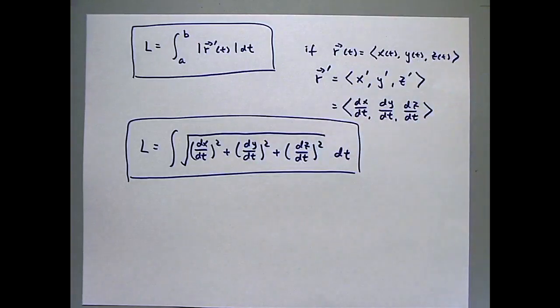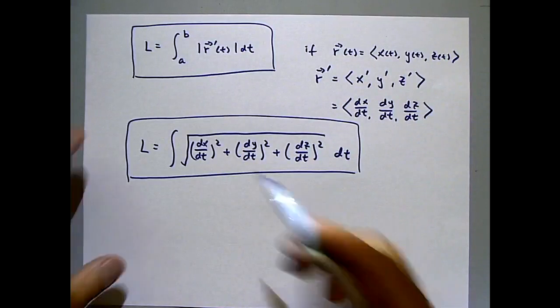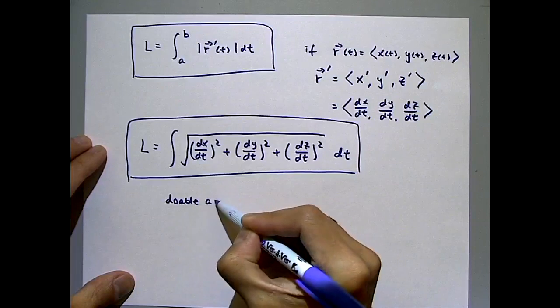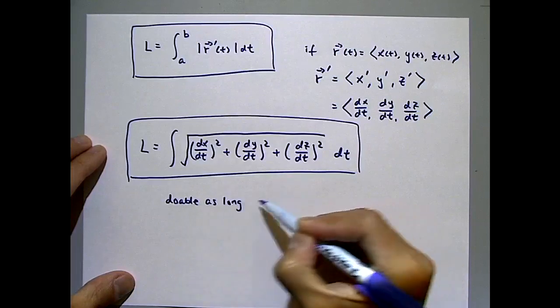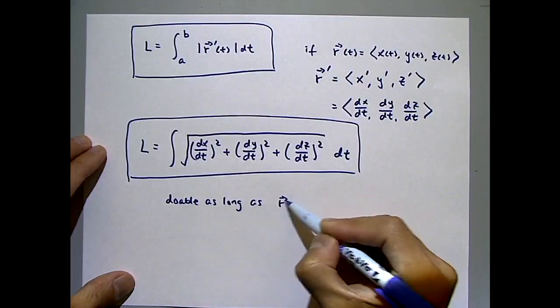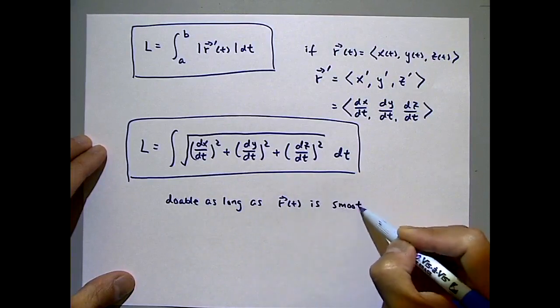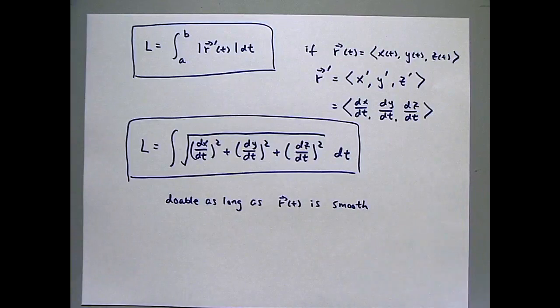And that requirement is very simply met by requiring the curve to be smooth. It's doable as long as r of t is smooth. The same usual requirement you had for differentiability and integrability of all the functions that you have encountered before.